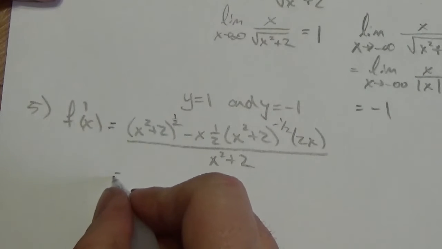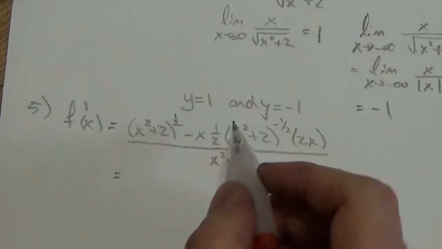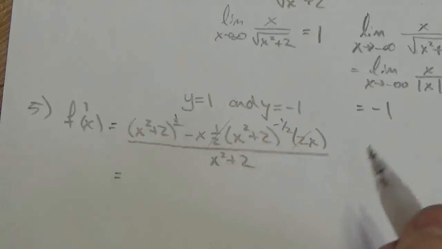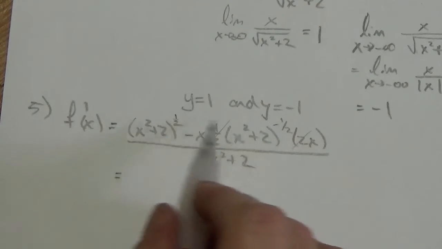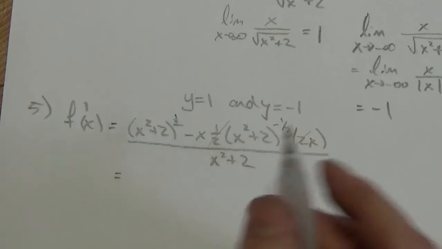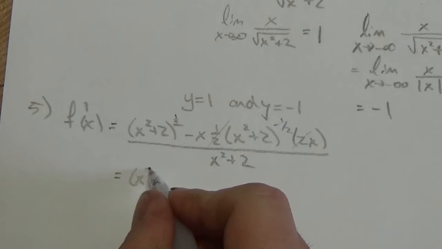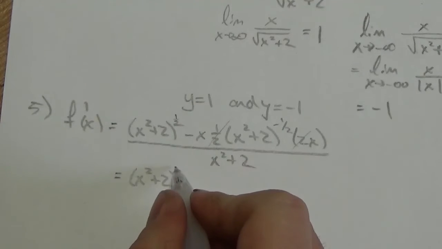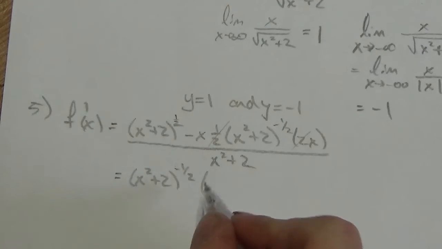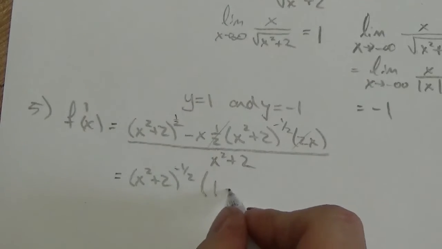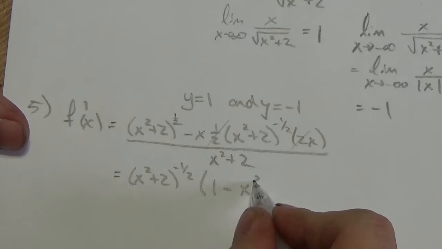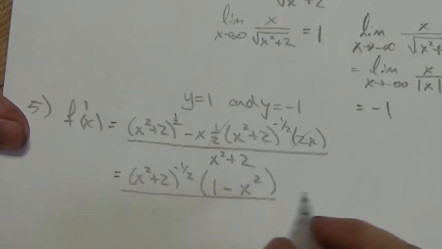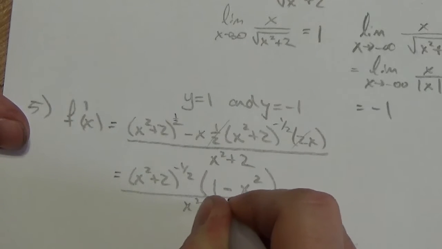Okay, well, I've got a bunch going on here. Now, first of all, notice the 1/2 and the 2 are going to cancel. The smallest exponent on the x squared plus 2 is actually -1/2, so I'm going to take that out. That is going to leave me with 1 minus, and notice I've got two x's there, so 1 minus x squared all over x squared plus 2.